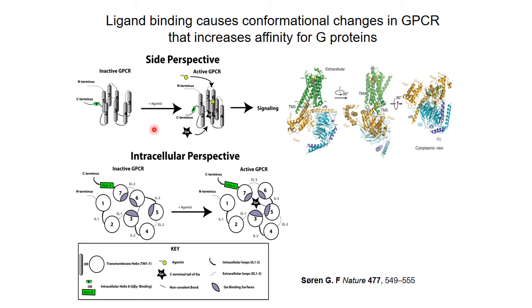You do not need to know the details of this, but you can just appreciate from either side perspective here that the distances between these different transmembrane domains change when the neurotransmitter is bound, which allows increased affinity for G protein to bind to G protein coupled receptors. And from the intracellular perspective, again, loop 5 becomes much closer to loop 3, and this increases their affinity to G proteins.